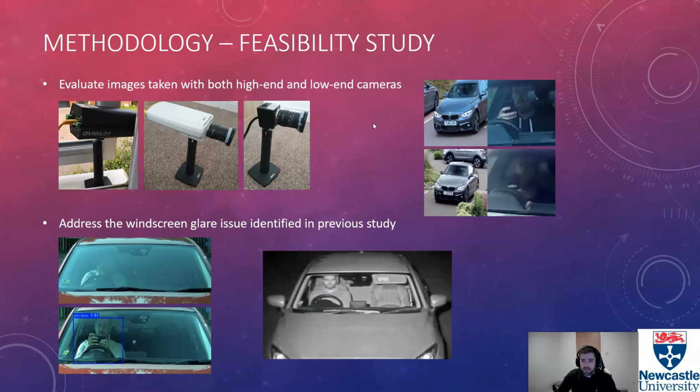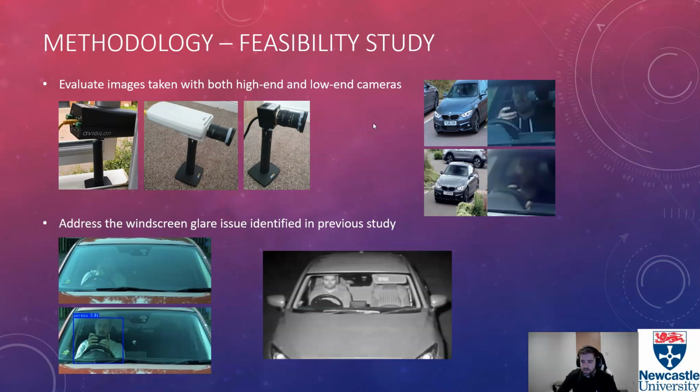The only difference is the camera, and you can see the huge difference that makes. So for this study, it's important that we are able to train and develop a system that is able to handle both qualities of camera.